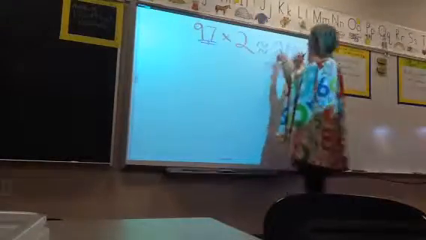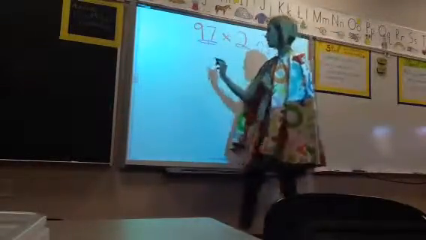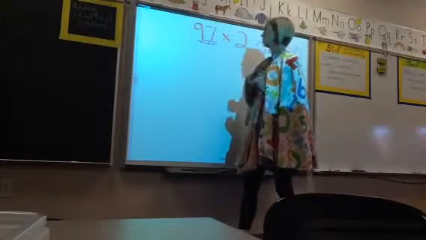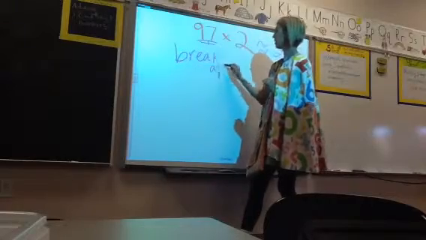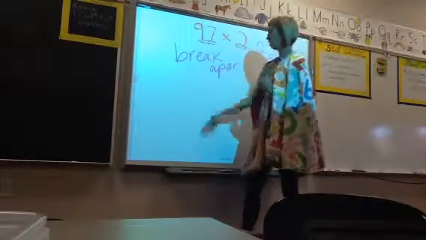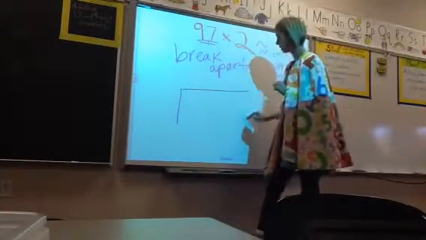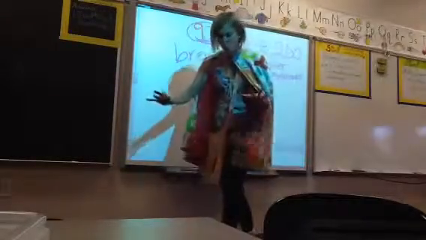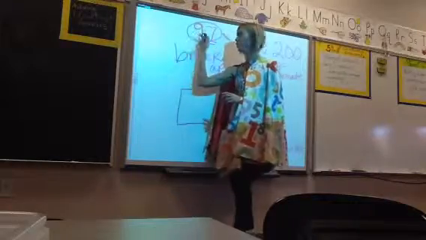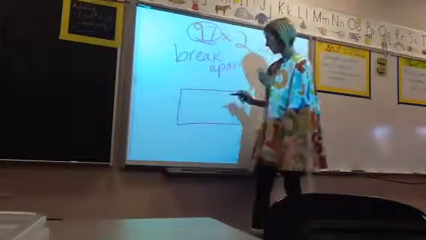All right, so let's try right now and get the actual answer. This should be a little under 200. So 97 times 2. We're going to use the break apart method like we were working on. I'm going to form my area model, my rectangle. I'm going to break 97 up into 2 parts because it's 2 digits, into its place value.